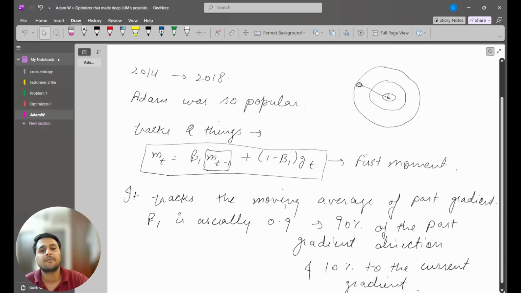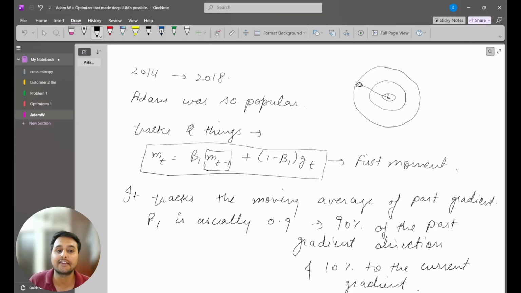So this first moment helps our model do the weight update in a less noisy way, and it gives the direction in which our weight update should happen.